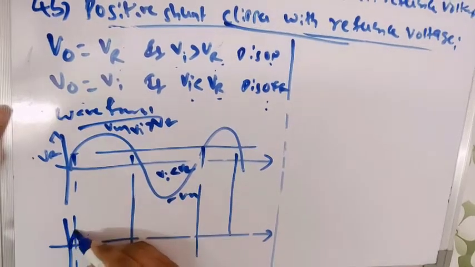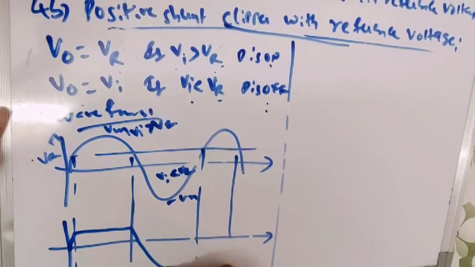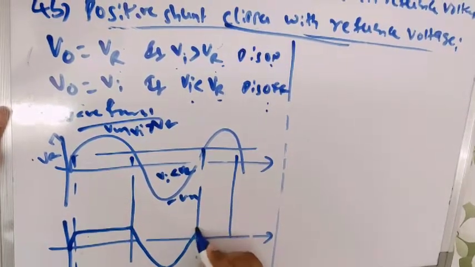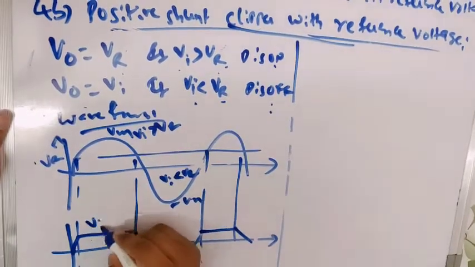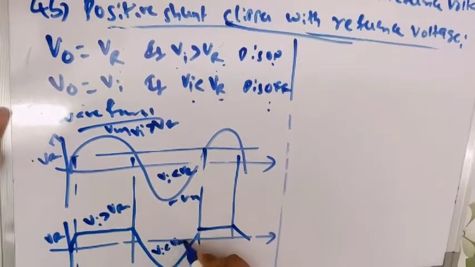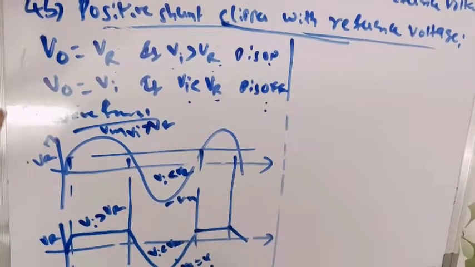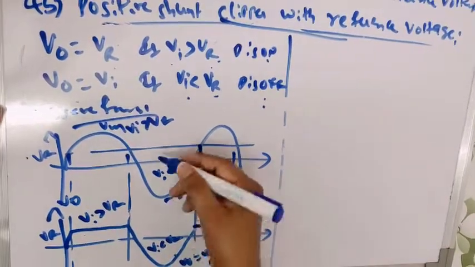Later it follows the input signal, and again when Vi is greater than VR, it is restricted to VR. So for Vi greater than VR, the output is restricted to VR. For Vi less than VR, the output follows the input. This is the output waveform.